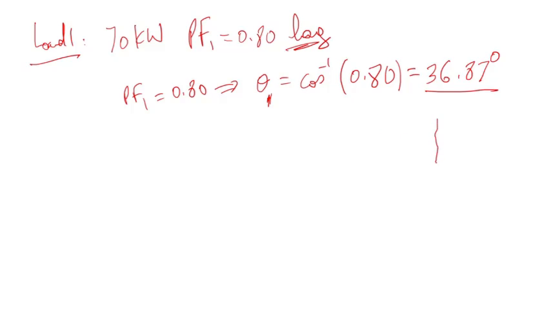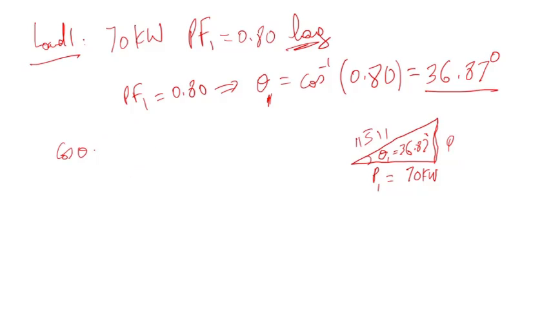And again, the power triangle, so here's theta 1 equal to 36.87 degrees. I know P1 is equal to 70 kilowatt. I don't know Q, I don't know S, but I can calculate them. So cosine of theta 1 is equal to power factor 1.